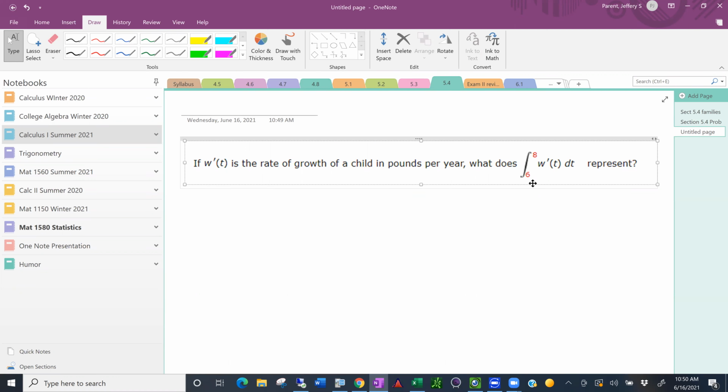Well, when you're integrating something, you're finding an area between a curve and the x-axis. So in this case, you've got a curve that represents how a person's weight is changing at any particular time.